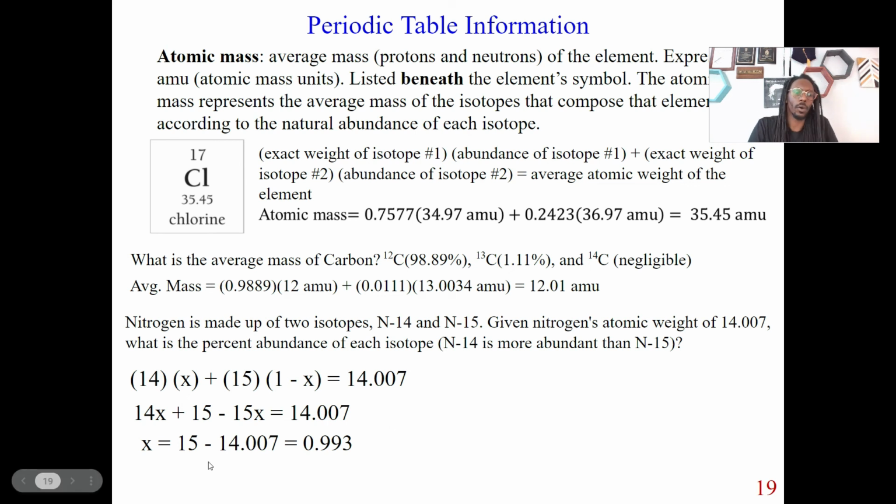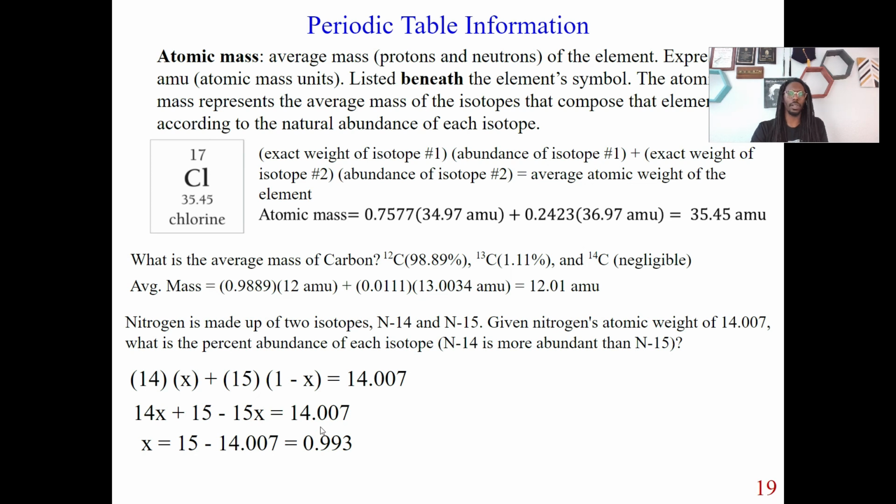All right. So x equals 15 minus 14.007. So this is what we did here, right? Basically, the way I went about it, I wanted my x to be positive. So I added my 15x, subtracted my 14x, and now I got my x isolated on this side.